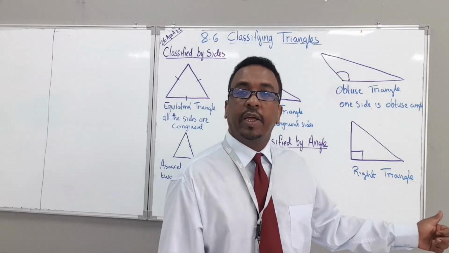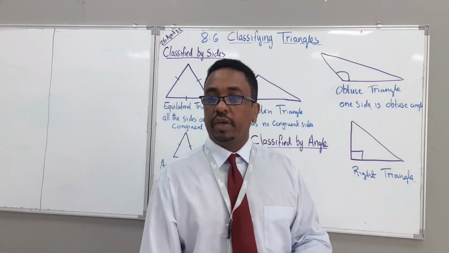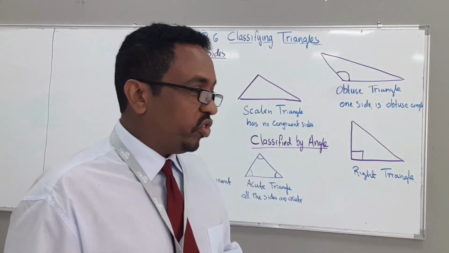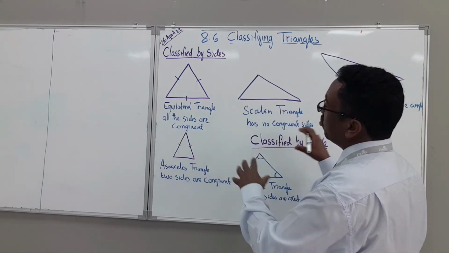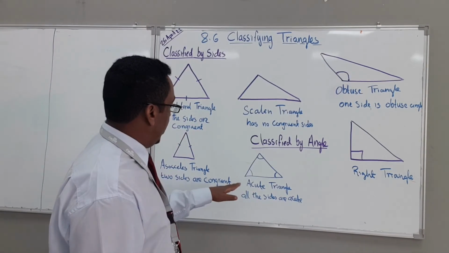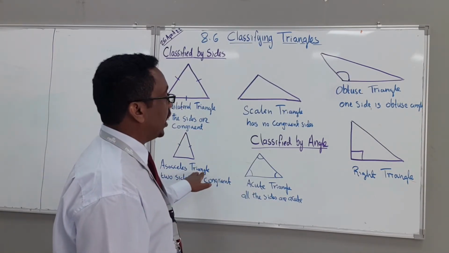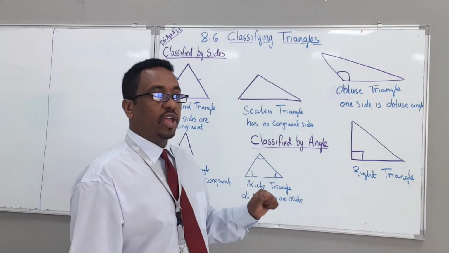Why do we call it a right triangle? Because it has a right angle. Okay? Now, just one more thing that I need to mention. They can also intertwine. For example, we have one isosceles triangle, which could also be a right triangle.